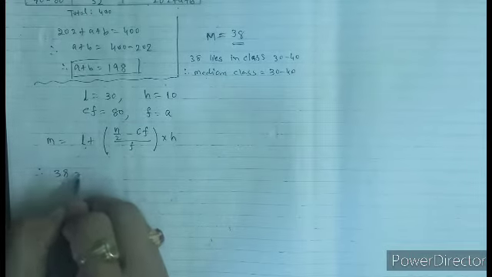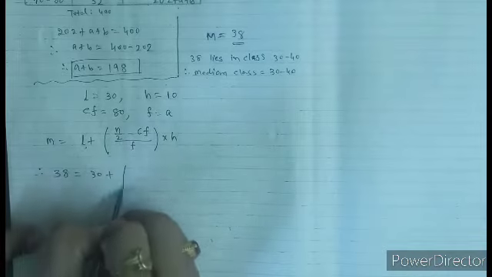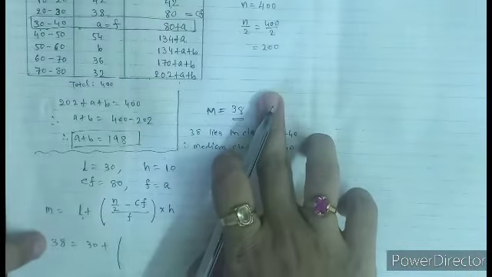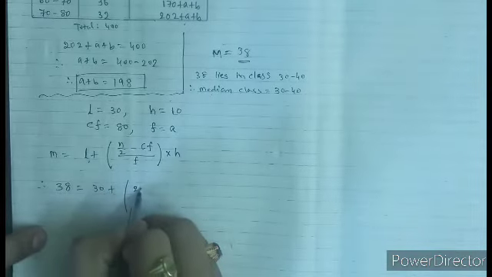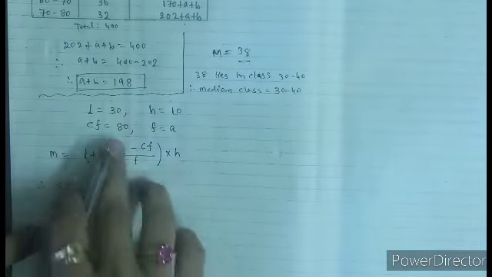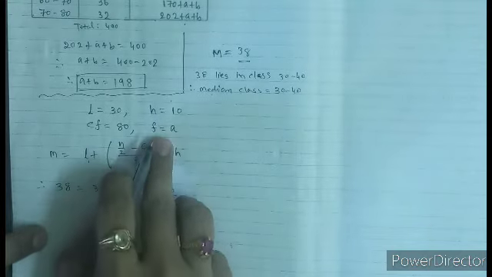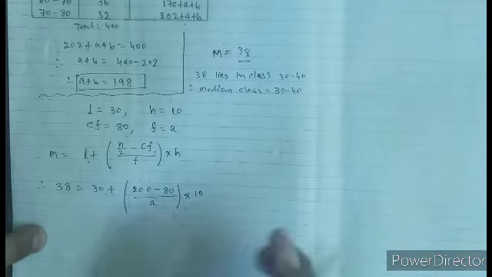So median 38 equals L is 30 plus, into bracket, n by 2. We know that n equals 400 and we have obtained n by 2 equals 200. So we will apply this value: n by 2 equals 200, minus CF is here 80, upon F. F is A, multiplied by H, which is 10.